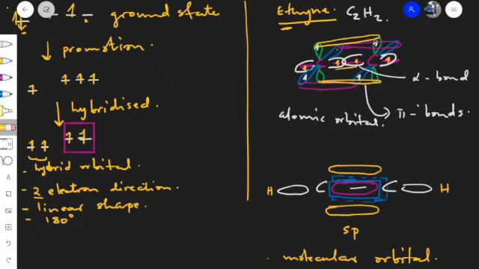So what does it mean, therefore? Let me just clear this canvas. If we summarize, our orbitals in ethane will be sp3, trying to move quickly, sp3. When we have sp3 hybridization, a good example is ethane.